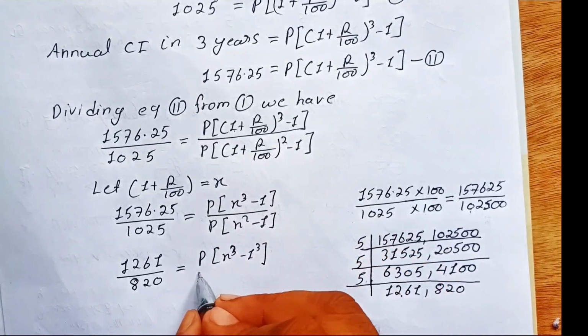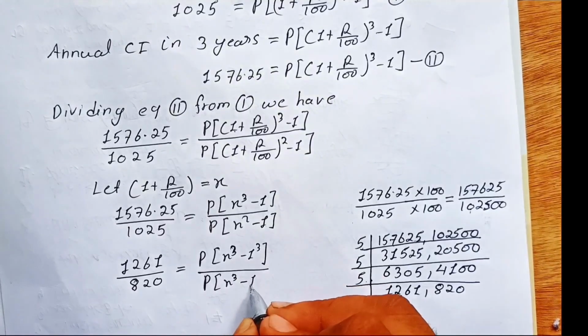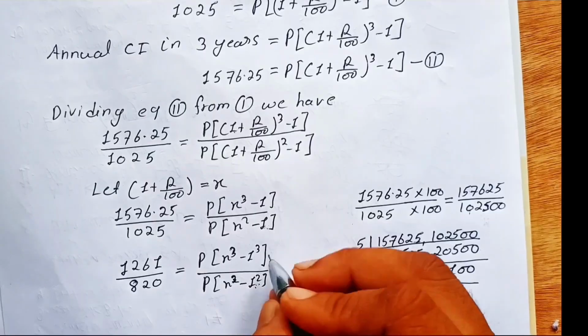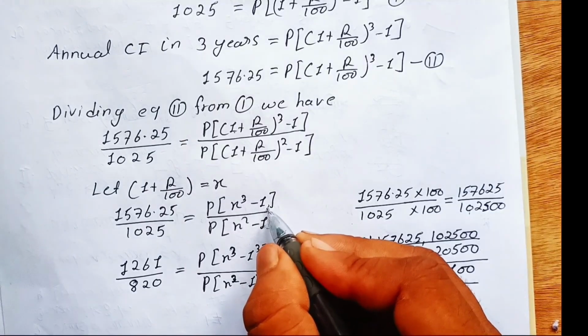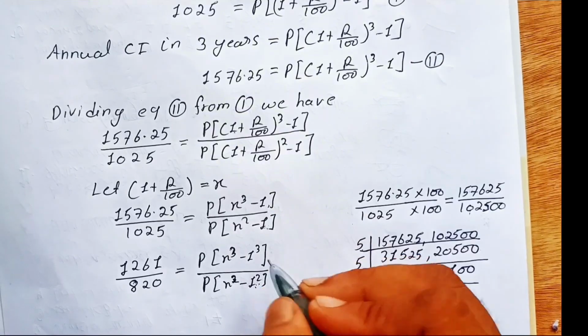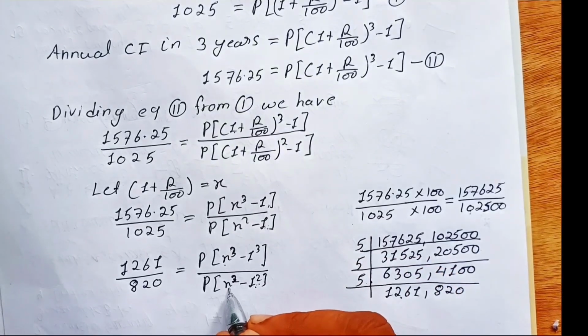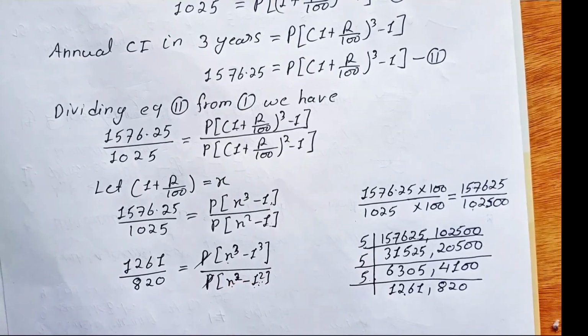upon P times (x square minus 1 square). The cube of 1 is 1 and the square of 1 is 1, so this takes the form of a cube minus b cube and a square minus b square, and the P's cancel out.